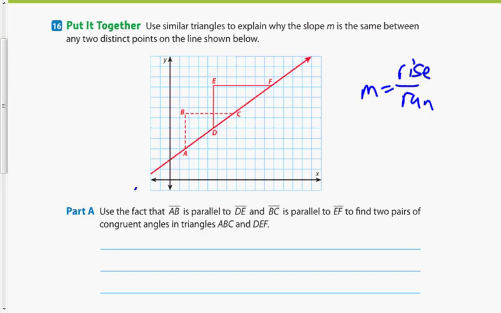And you have this line. You can find the slope of that line between any points. You pick any 2 points. You can pick this one and this one, and my rise over run is 2 over 3. But let's say we picked this one and this one.